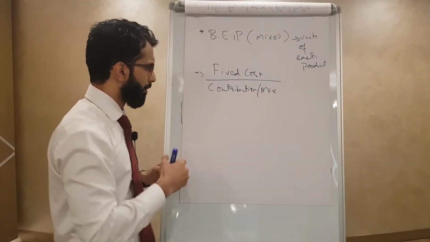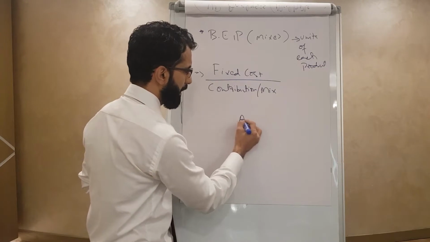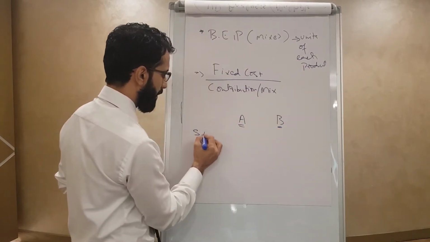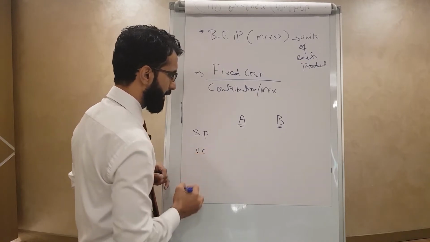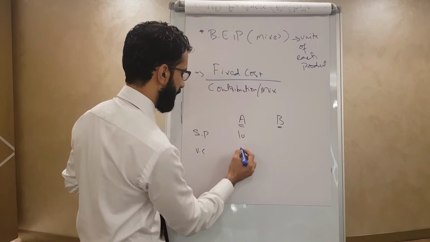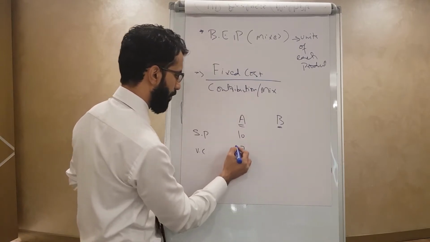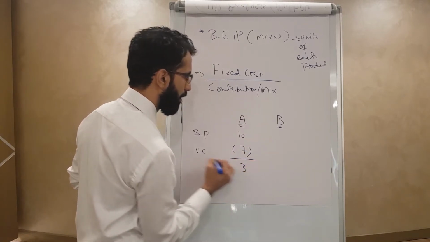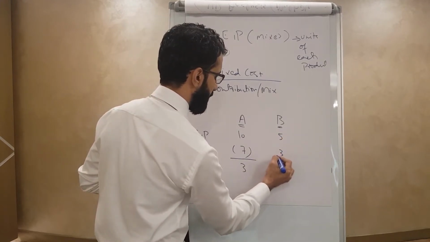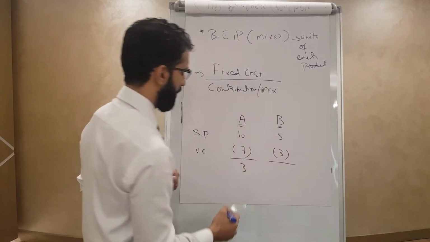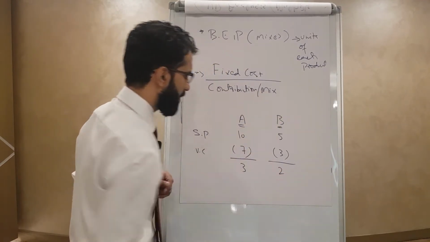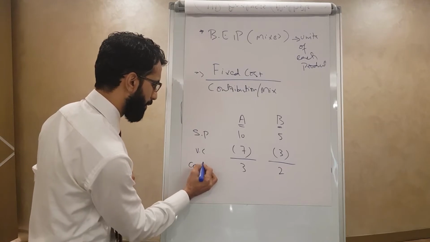So let's say a company has 2 products A and B, each with its respective selling price and contribution. I will use the same as before for this one, and for the other let's say we have this selling price and variable cost, which gives us a contribution of 2.